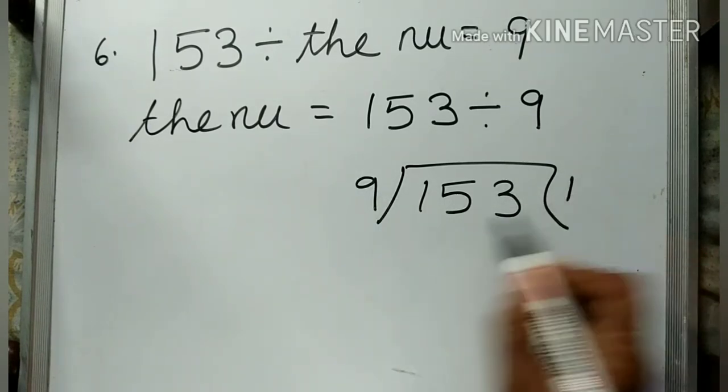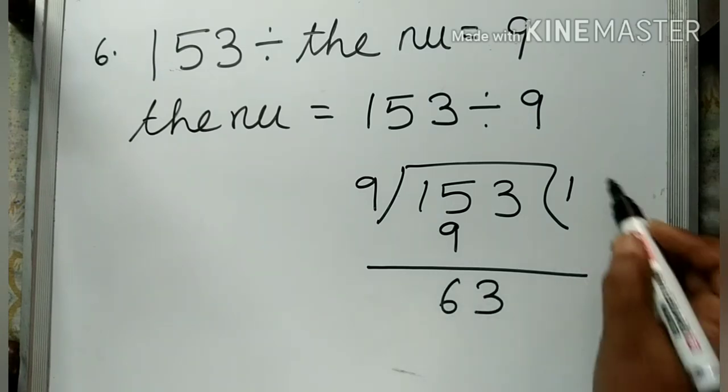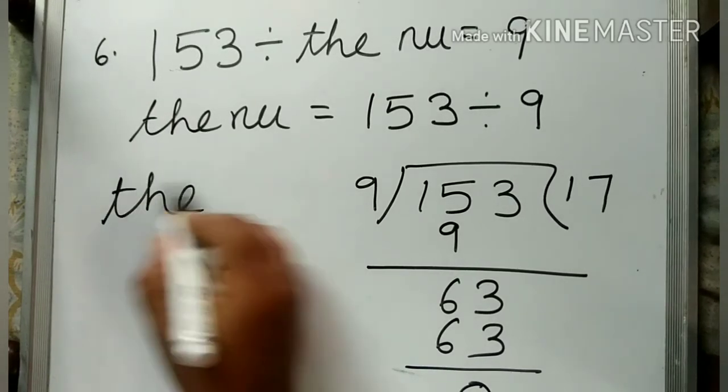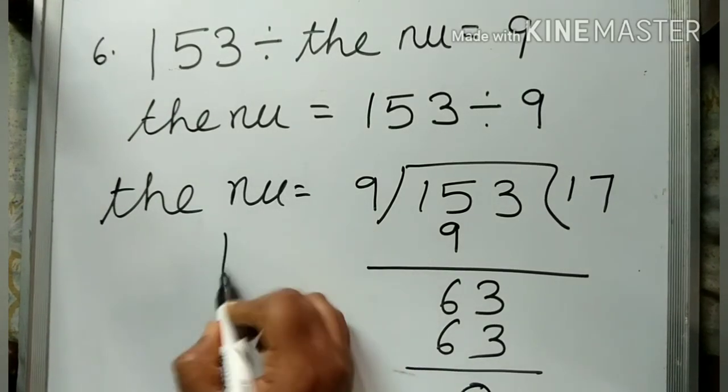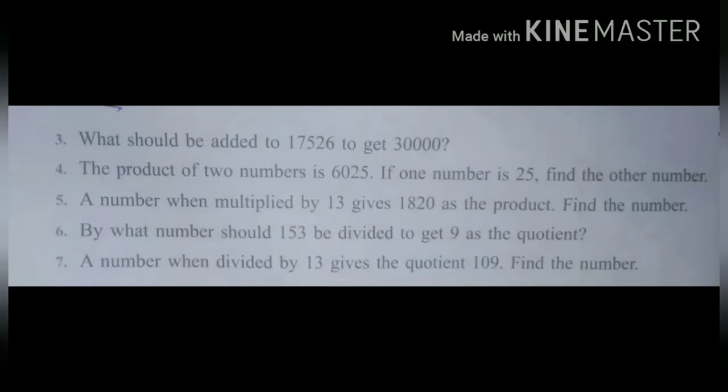So 9 ones are 9, 9 sevens are 63, 0. It means the number is 17. Do these questions in your CW copy, and question 3, 5 and 7 are your homework.